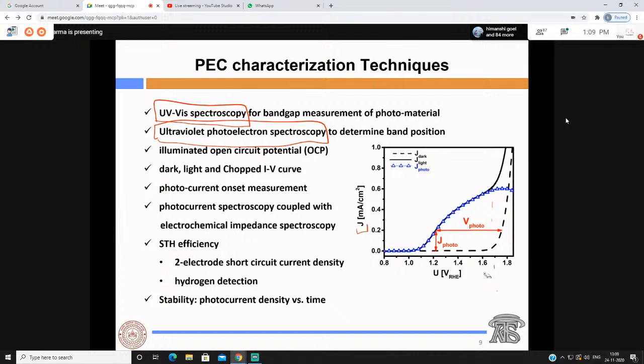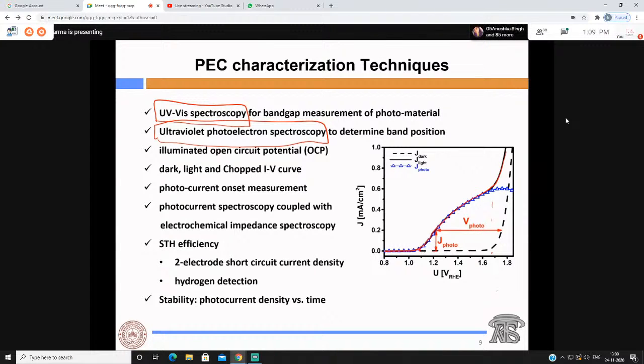Now we repeat the same technique, and the difference is that we apply solar energy along with the potential scan. How does the curve look? If you see this black solid line, I'll highlight it because it is not visible. It is like this. Now you see that the oxygen evolution onset is much earlier than 1.7 volt, because now the solar energy is also participating in the oxygen evolution reaction.